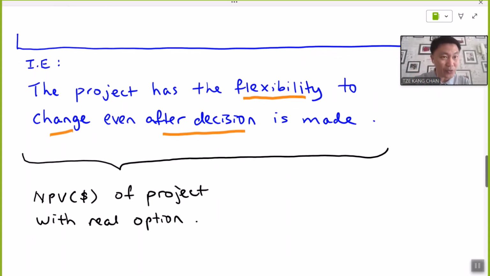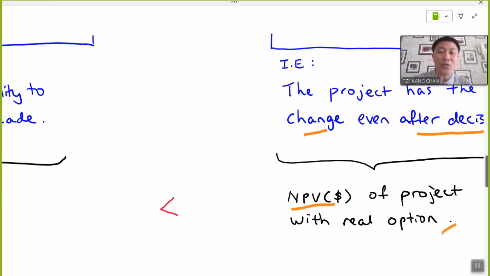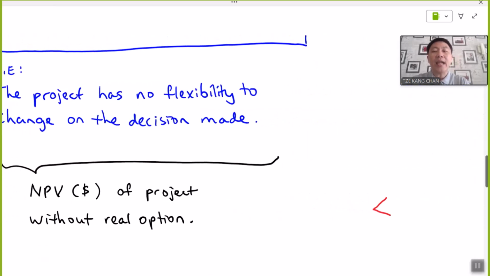These values should therefore be included in the net present value of the entire project that comes with the real options. So guess what? Don't you think this net present value should naturally be greater? It should be more than the net present value of projects that come without real options, as mentioned a moment ago.